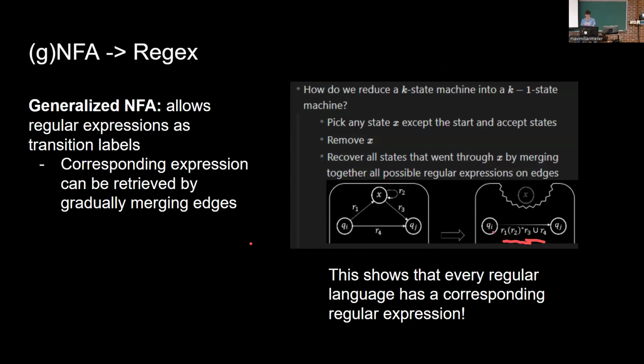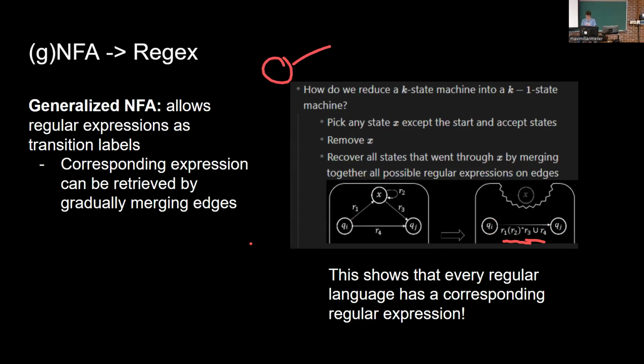At this point, if this is the accept state and this is the start state, this is obviously a regular expression in itself, because it's a machine that uses the regular expression to determine the output. So the way we do this is we have this machine with all the simple edges, and then we can combine things together.